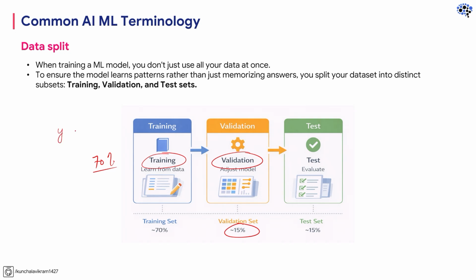Now it can produce the output based on the inputs, right? And then how do you validate whether it is producing the right output or not? We use the other 15% of the data to validate it. During the process of validation, we will again fine tune those internal parameters, right? And then in order to test it, we use the remaining 15% to finally test the model. So this is the data split.